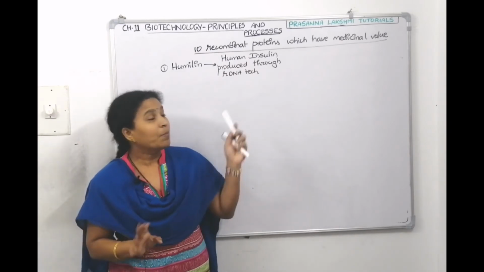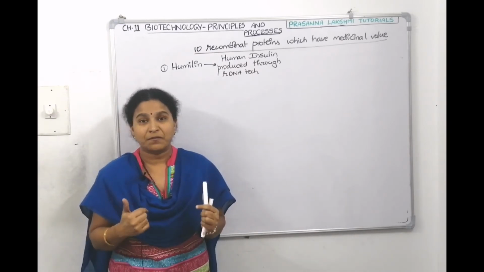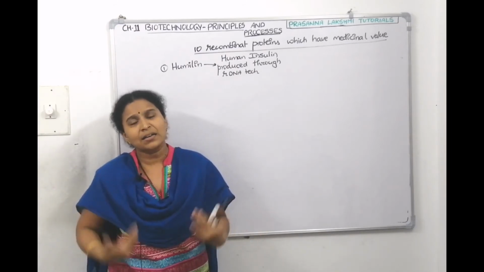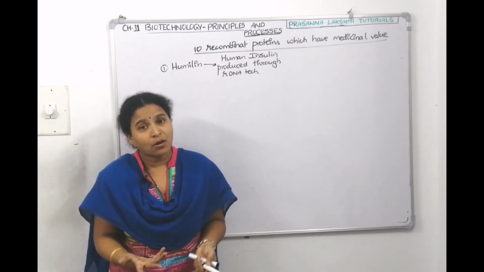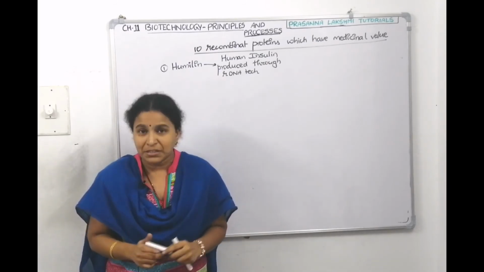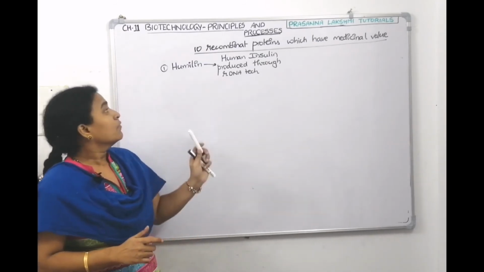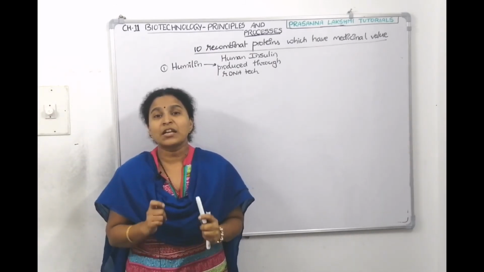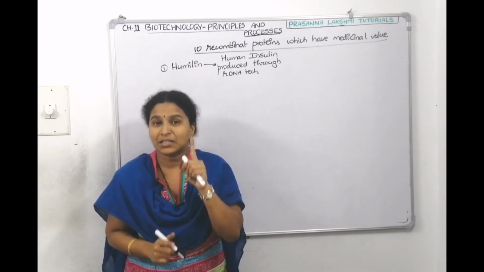But with the help of biotechnology, we were able to manufacture human insulin, which doesn't have any side effect. It's our insulin, so it's not chemical also. It is our biological product only. So thanks to biotechnology, which has prepared humulin, human insulin produced by rDNA technology, which is successfully used in treatment of diabetes mellitus.